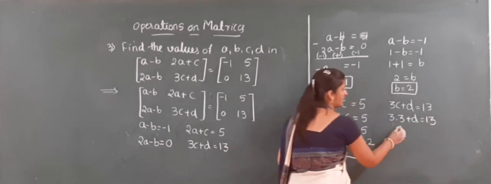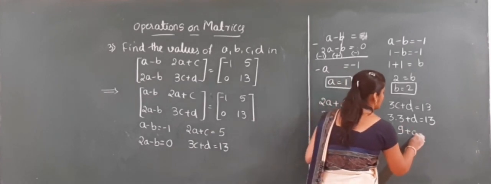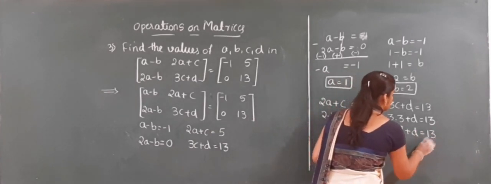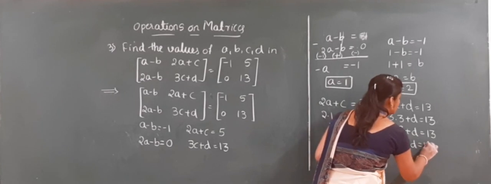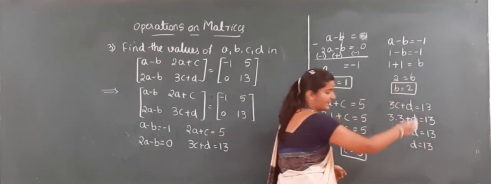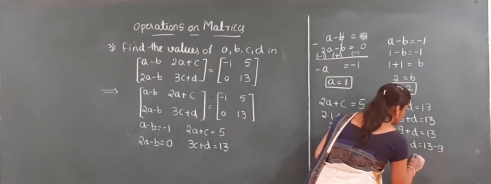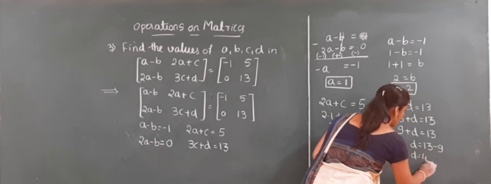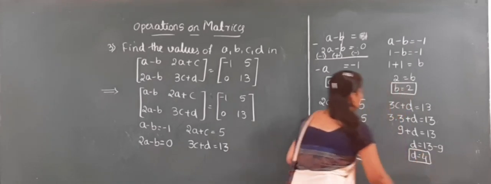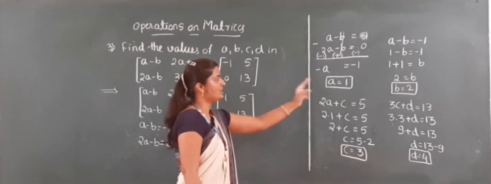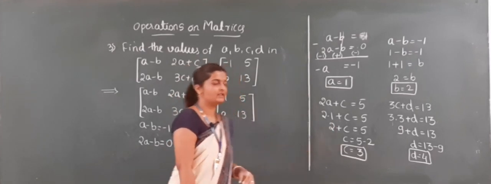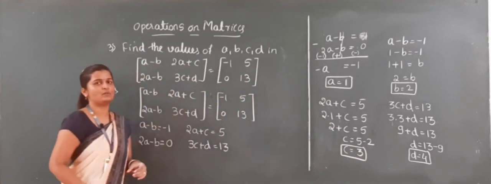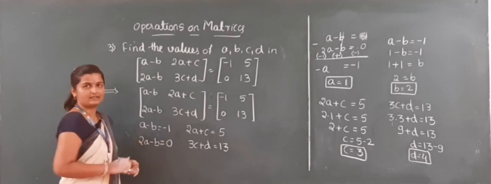So 3 into 3, 9 plus D equal to 13. D equal to 13, 9 moves that side, minus 9. So D equal to 4. So what are the A, B, C, D values? 1, 2, 3, 4. This is the solution for this type of matrix equation.